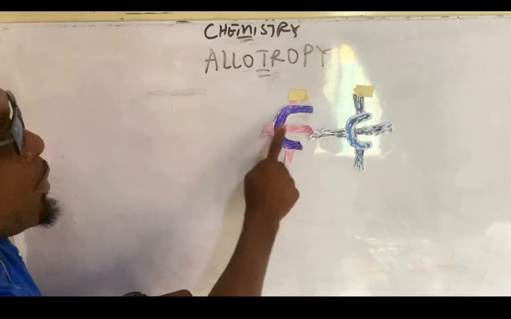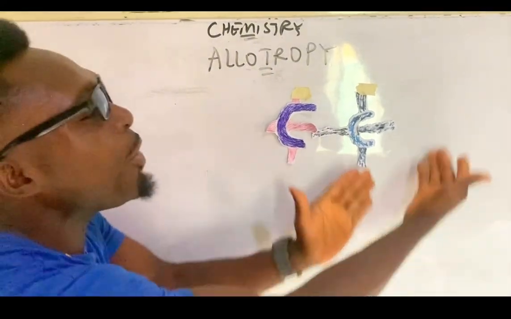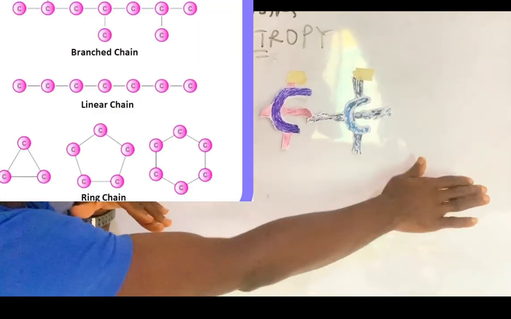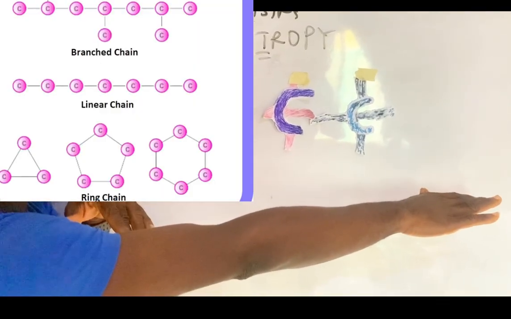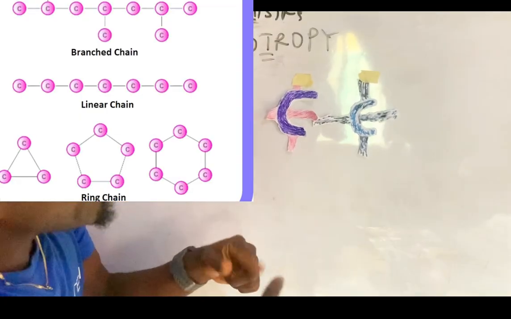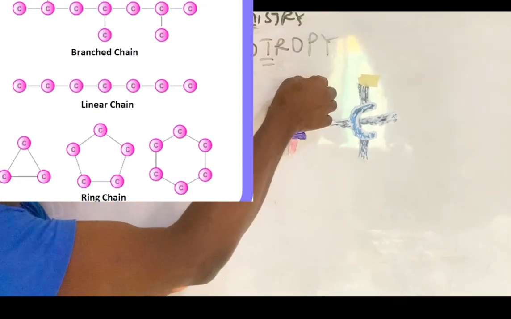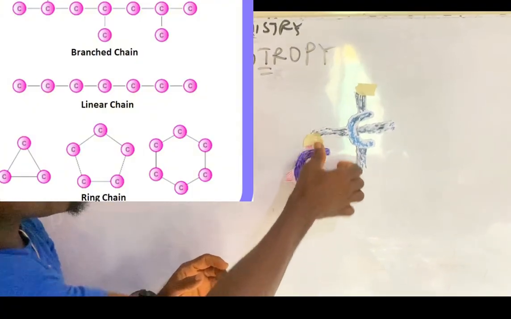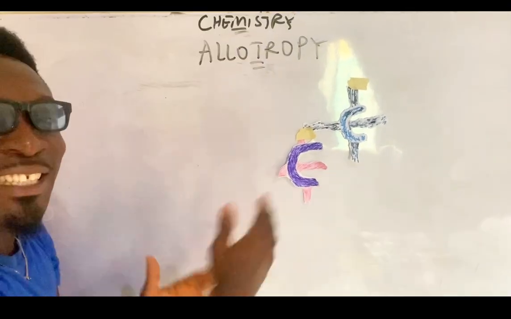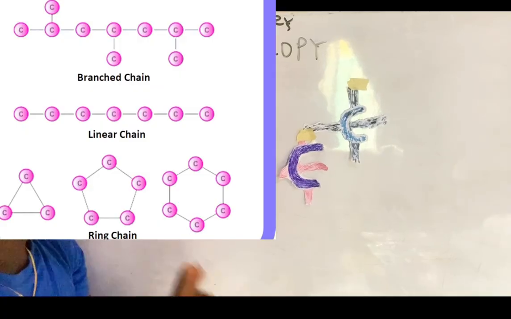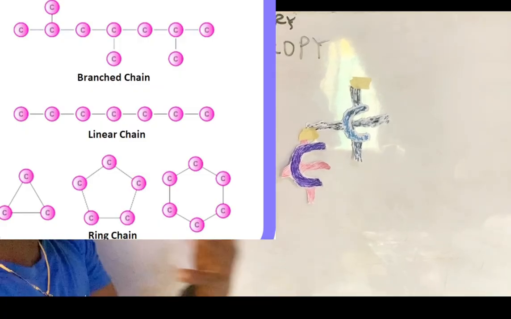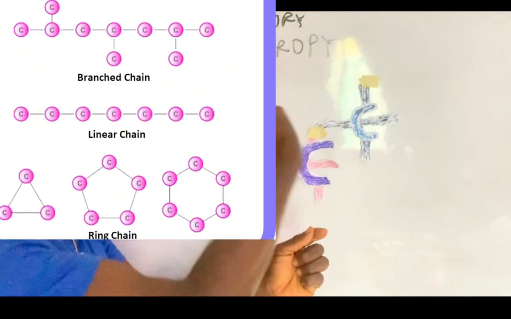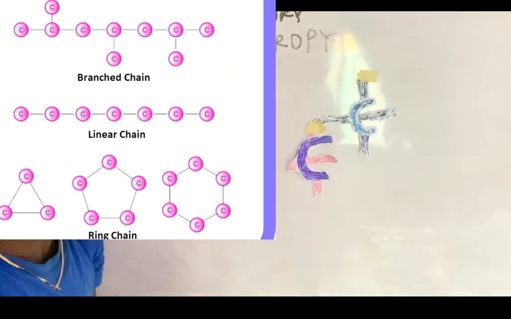Look at how they are arranged. We are going to have carbon that looks a little bit like a linear shape substance. What if this carbon decides to arrange itself this way? Would you say this is a linear shape of carbon atoms? Of course not. This will give rise to a substance that is totally different from the previous one that was linear shape.